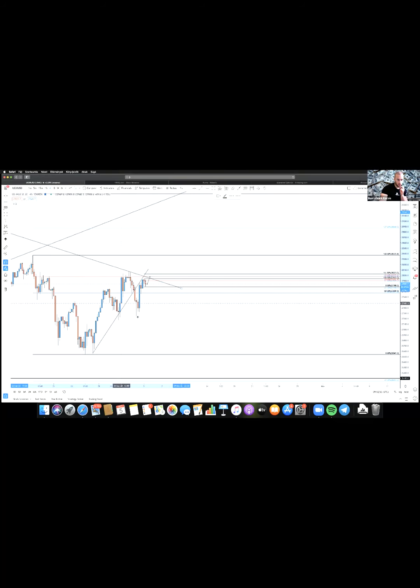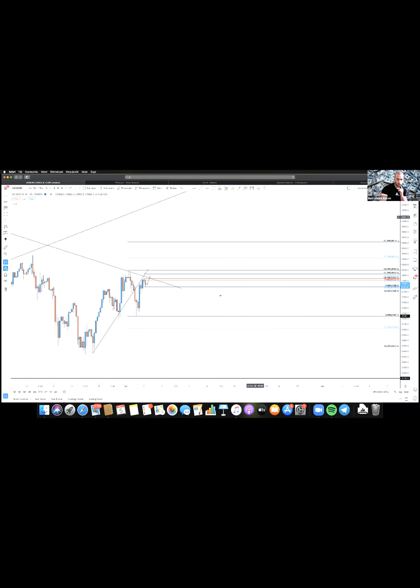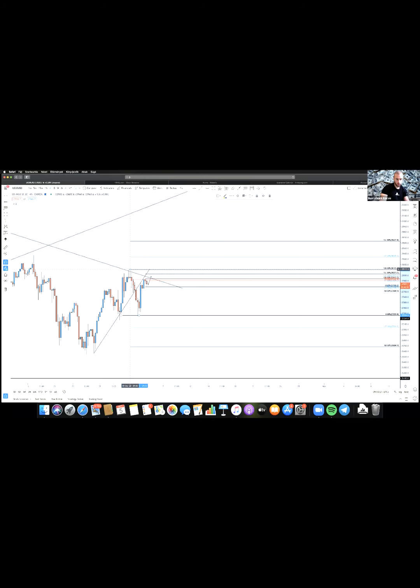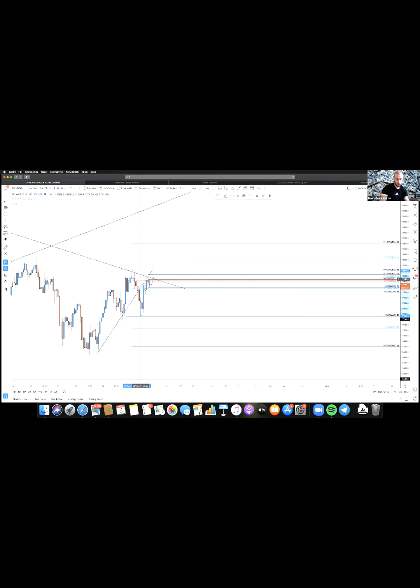We can target first the previous low. So the entry level around 28,000, and the first target will be the 27,250. Second one is the H4 minus 27.